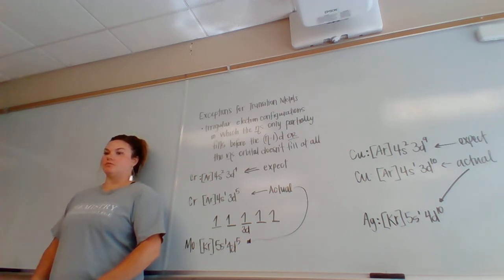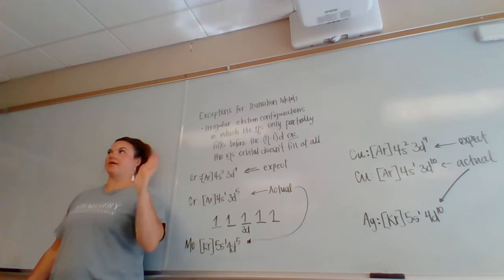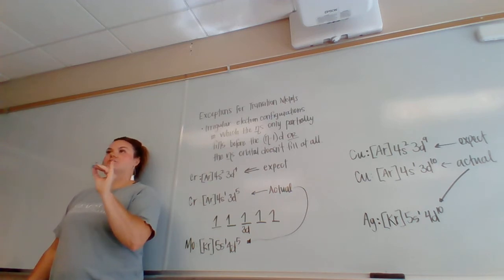So I'll give you a minute to finish getting this. Do y'all know why we would want to form a cation or an anion? Why would we want to gain electrons or lose electrons? To get to be a noble gas. Yes. Everybody wants to be like a noble gas. Think of it as noble.